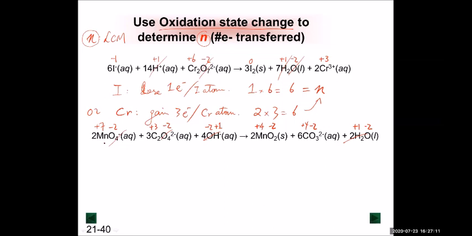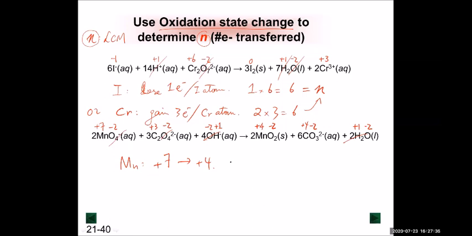So let's look at manganese. Manganese starts from +7 and becomes +4. The question is, does manganese gain or lose electrons, and how many per atom? Can anyone answer that?